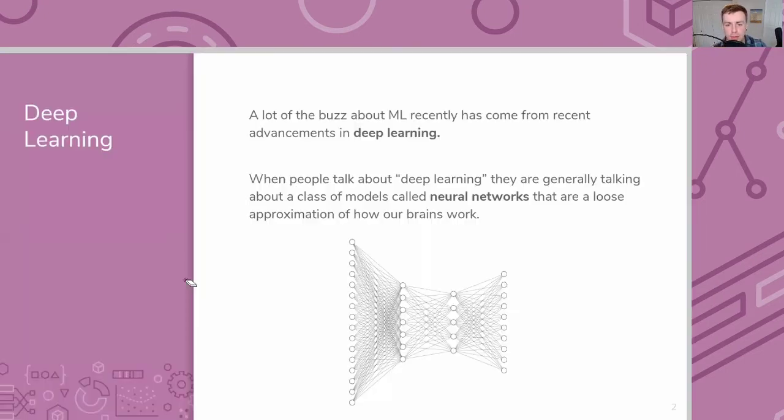So the field of deep learning is really focused on this kind of pseudo approximation of how human brains work. They're trying to come up with a model that behaves somewhat like a human brain, a very, very loose approximation, which I'll explain in a little bit.